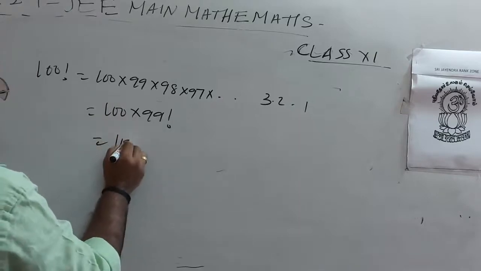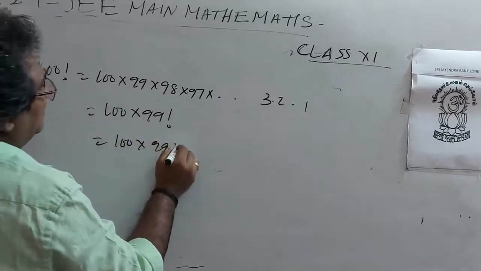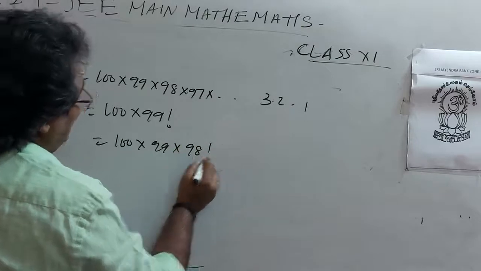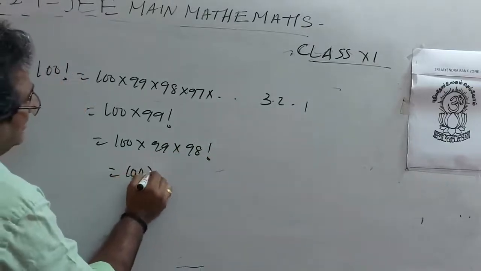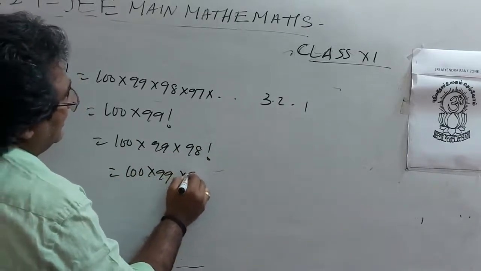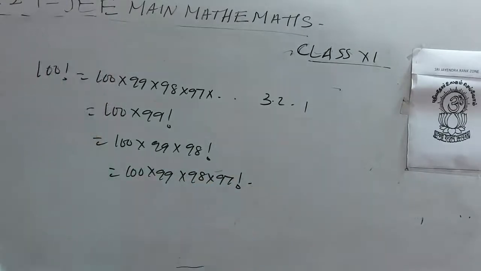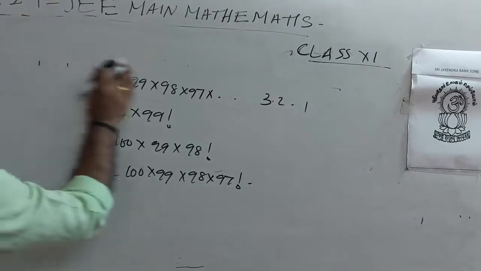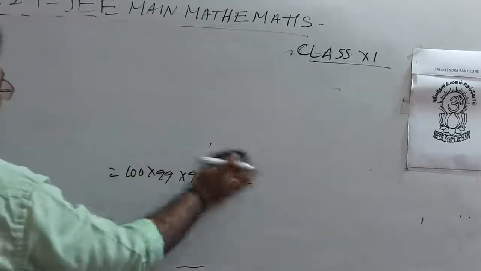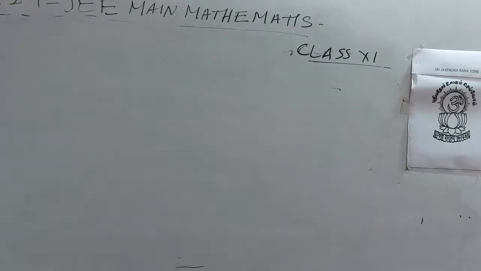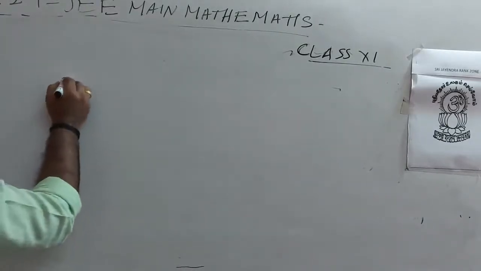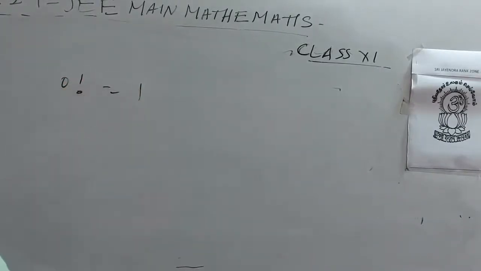That can be written as 100 into 99 into 98 factorial, or 100 into 99 into 98 into 97 factorial. Like that we can write. Factorial 0 equal to 1.